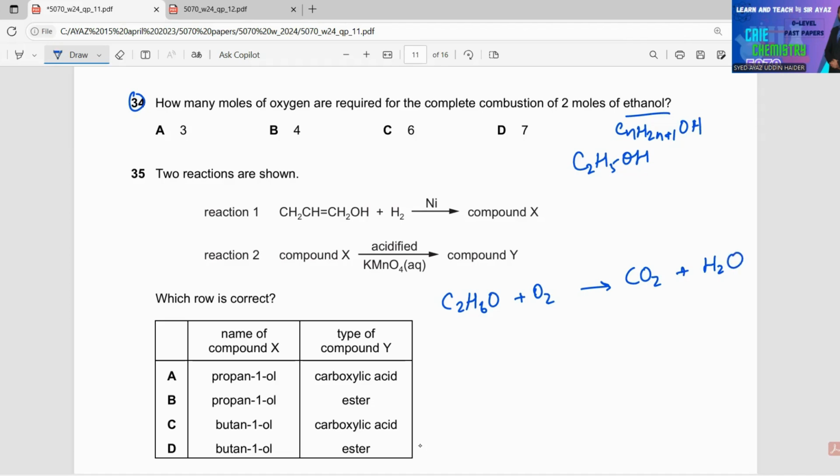Let's balance the equation. You have 2 moles of ethanol, so I'm writing 2 moles before carbon dioxide. What about water? There will be 3 moles of water produced. Now oxygen, 2 times 2 is 4, 4 plus 3 is 7. So we will definitely have 3 moles of oxygen involved here.